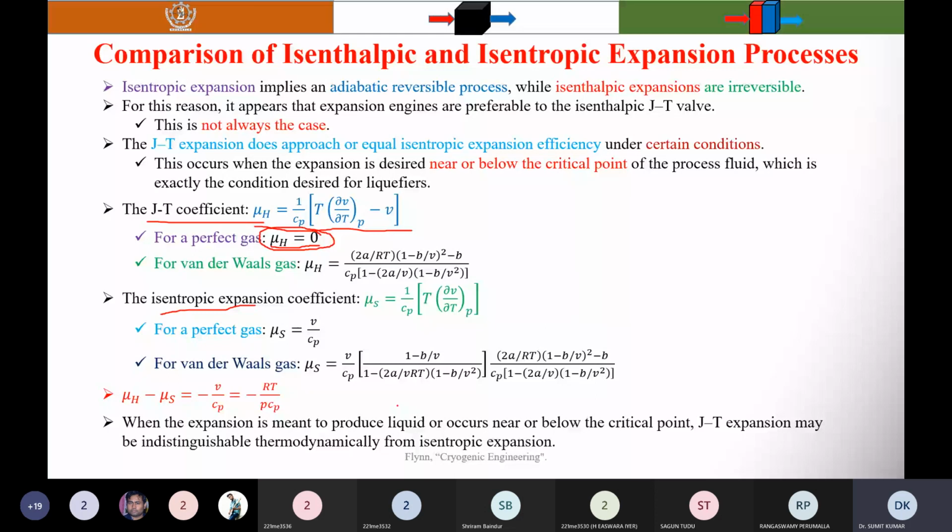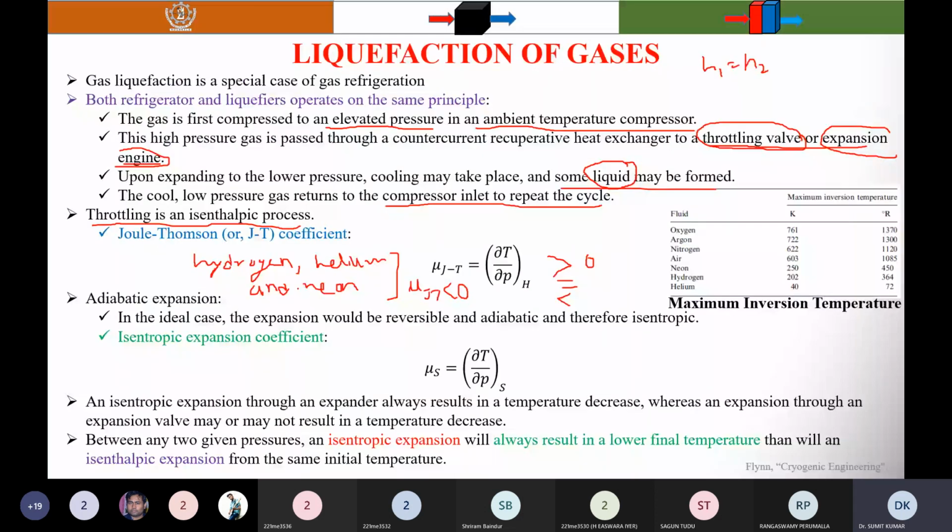So here, for the adiabatic expansion, in the ideal case the expansion would be reversible and adiabatic, and therefore isentropic. The isentropic expansion coefficient looks like the Joule-Thomson coefficient, the formula looks the same. It is defined as the change in temperature with respect to the change in pressure during a constant entropy process, or isentropic process.